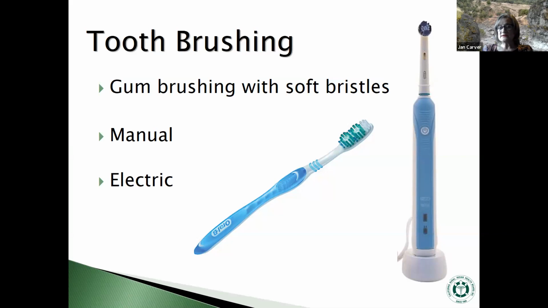The electric ones come in two main kinds. There's this one I have pictured here. This is a brown Oral-B, and it rotates, has the little round head that spins around. This is my favorite kind. It does an awesome job.